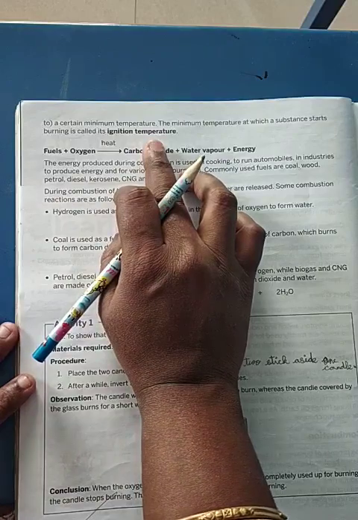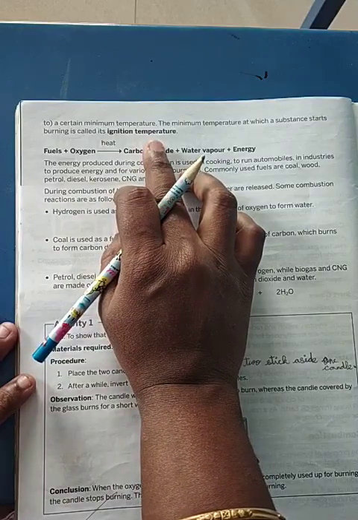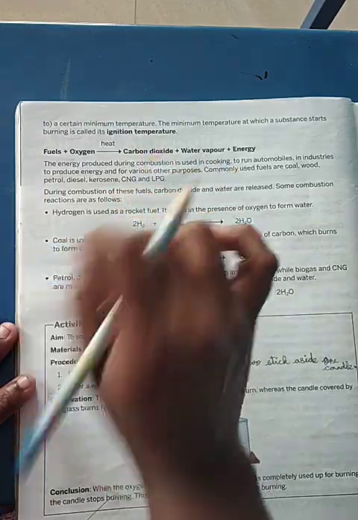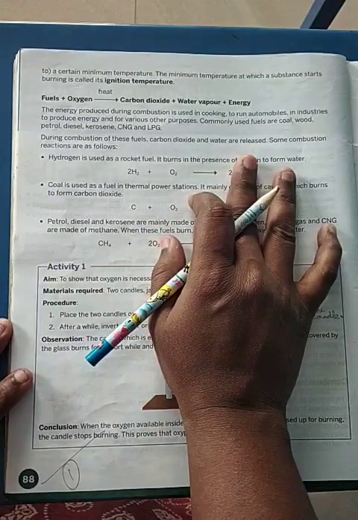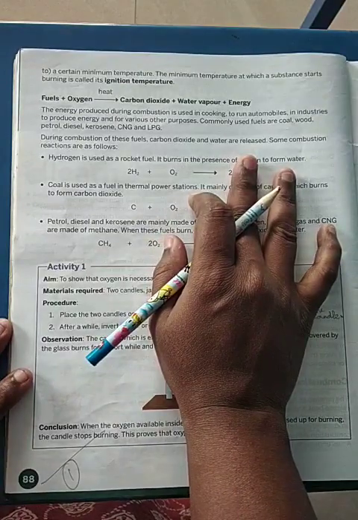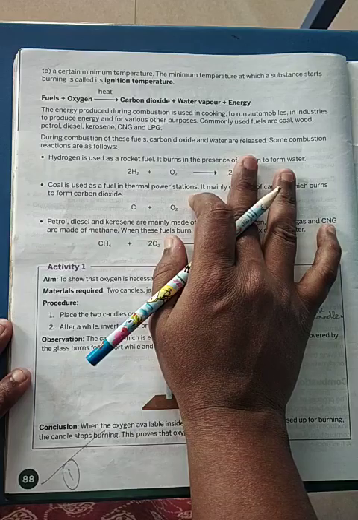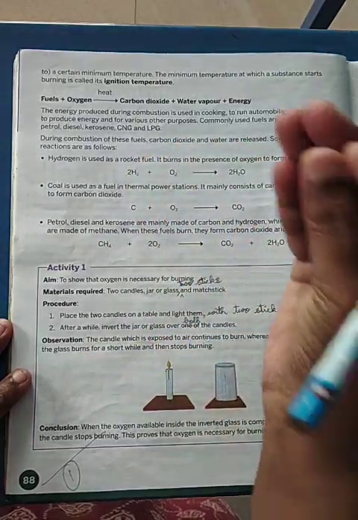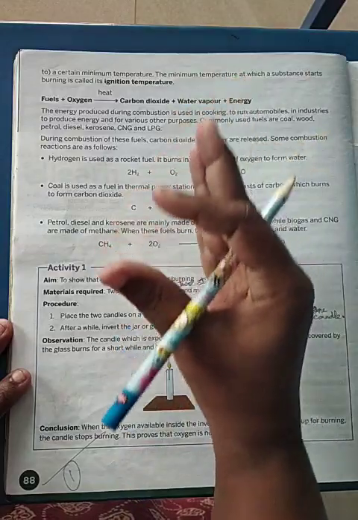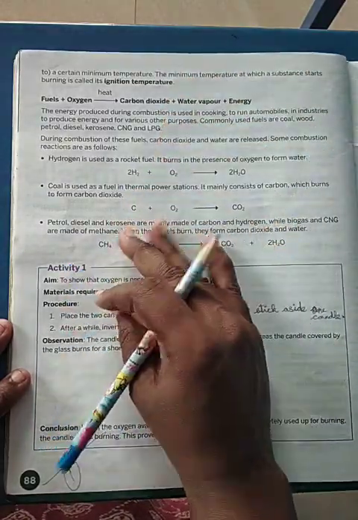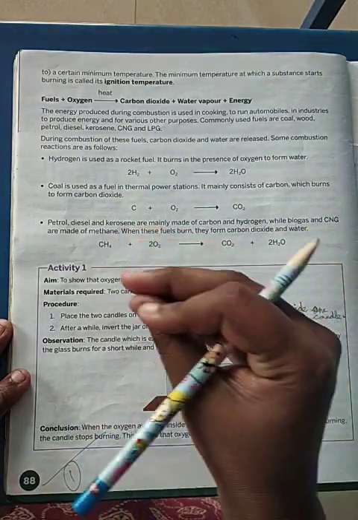Take a wooden piece, dip it in water, and if you start lighting that wooden piece, will it burn? No. Why? The dry wooden piece has become wet, so the temperature is gone. Only at that certain temperature will it catch fire. The minimum temperature at which the substance will catch fire.